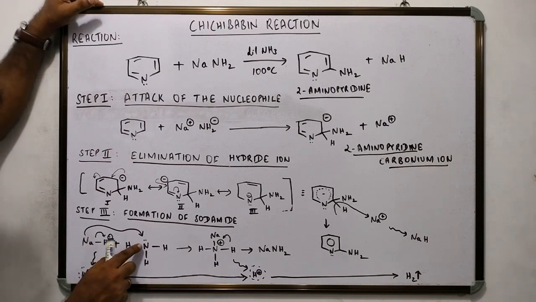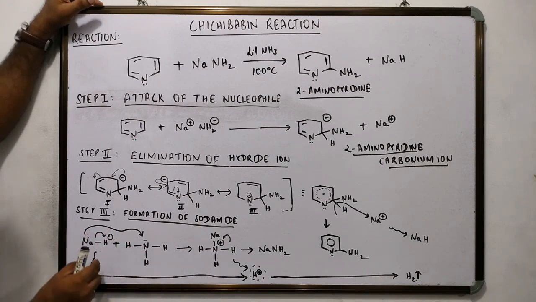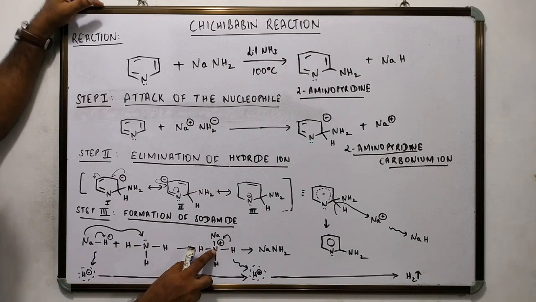As sodium develops an attraction towards the lone pair of electrons on nitrogen, it loses its attraction towards the shared pair of electrons that it shares with hydrogen. Eventually, hydrogen is lost as hydride ion, and sodium accepts the pair of electrons from nitrogen.